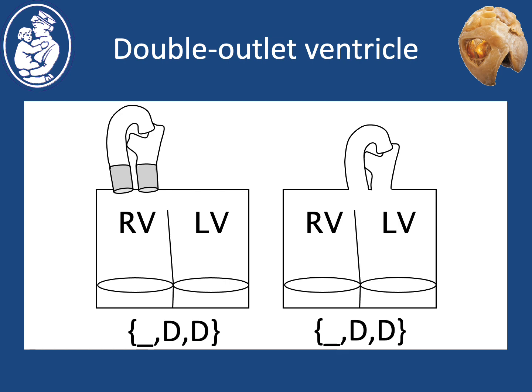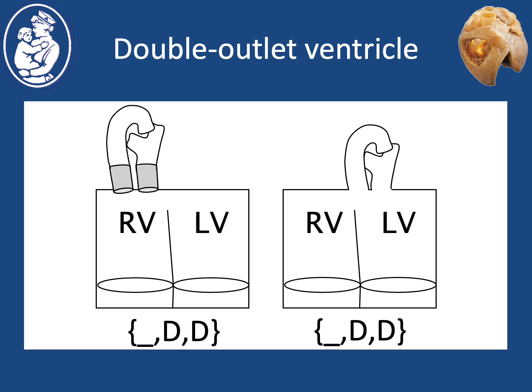Another type of ventriculo-arterial alignment is a double outlet ventricle. This can either be double outlet right ventricle in the leftward cartoon or double outlet left ventricle in the rightward cartoon.